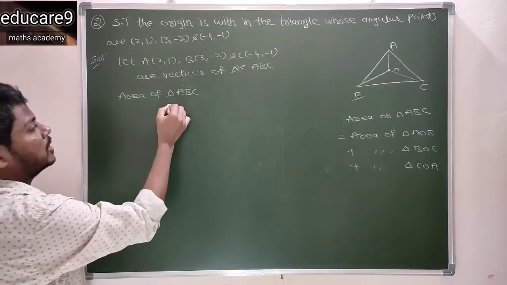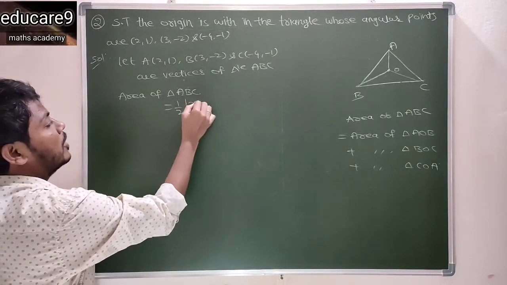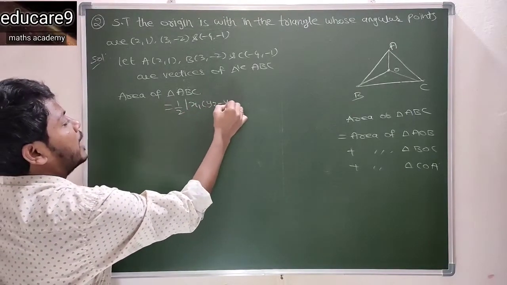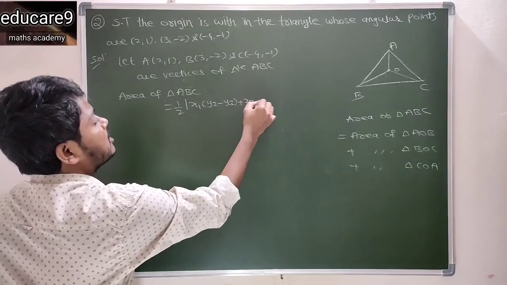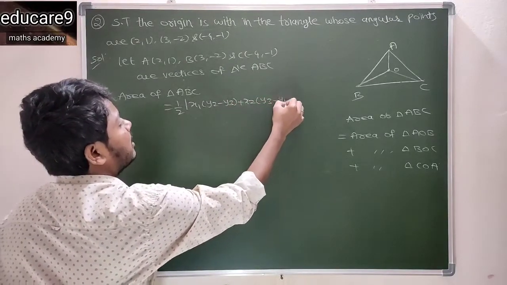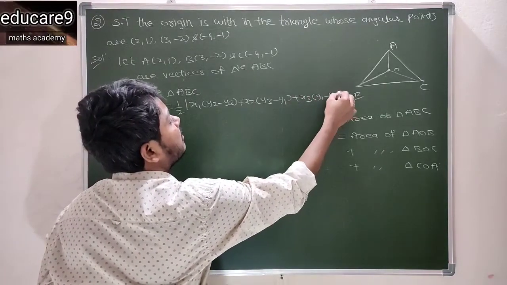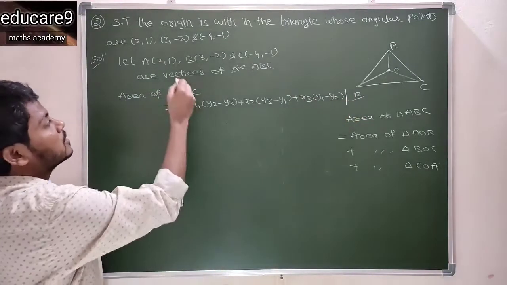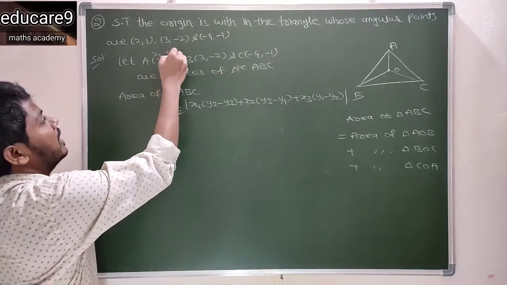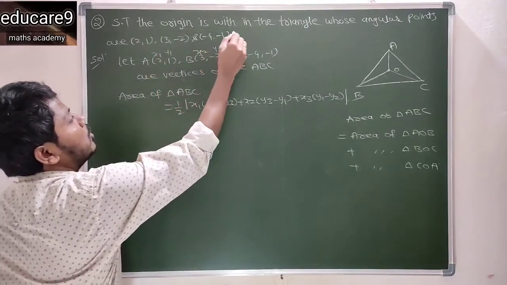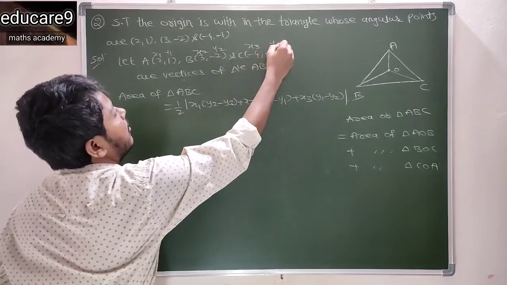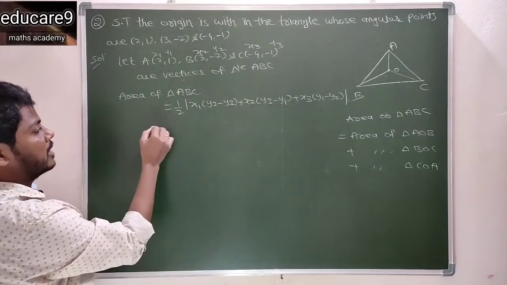So area of triangle ABC. So what is that formula? Half into x1 into (y2 minus y3) plus x2 into (y3 minus y1) plus x3 into (y1 minus y2). Okay. So clearly this is x1 y1, x2 y2, x3 y3. So substitute here, what you get?